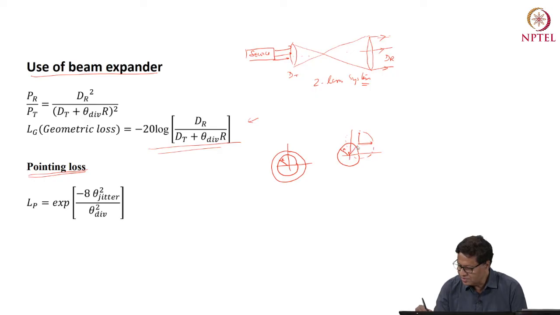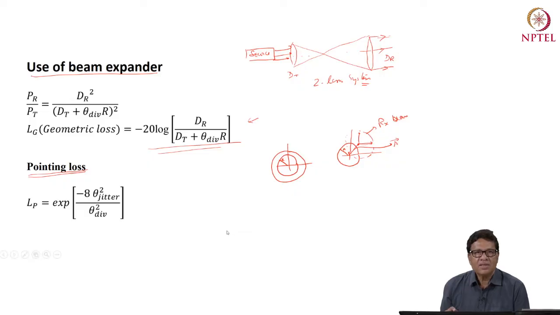And if I draw a vector R, which is from this origin to say the middle of this beam, this is the received beam, and this is the R vector. This R vector is actually changing because your beam, because of the pointing, is changing with time.